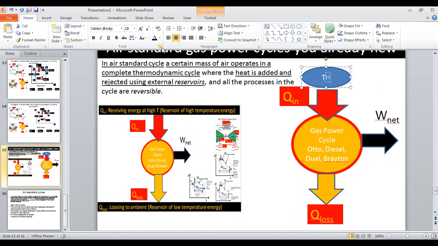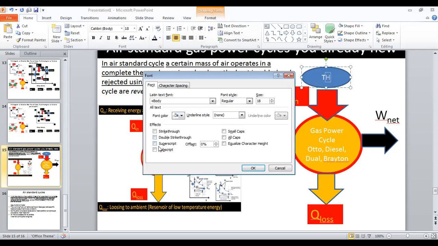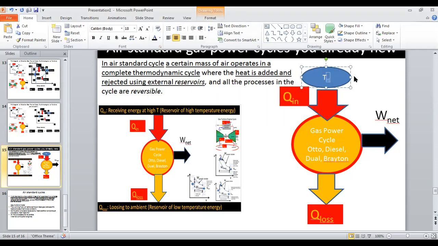But that's how it is when it comes to modeling. It is like this. So this is the reservoir, and heat is being received from this reservoir.